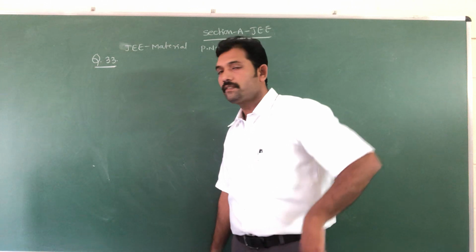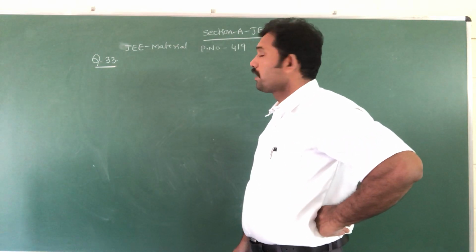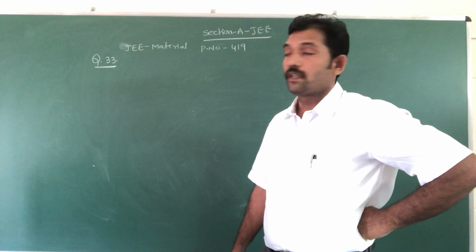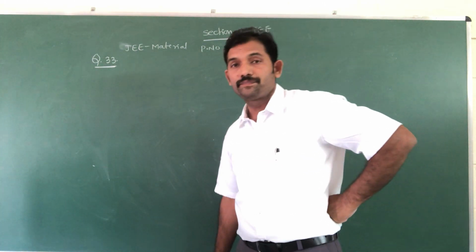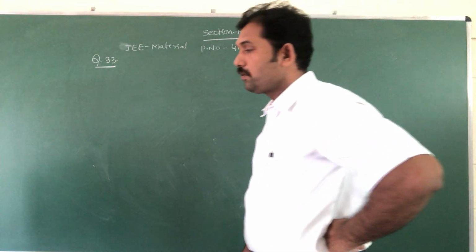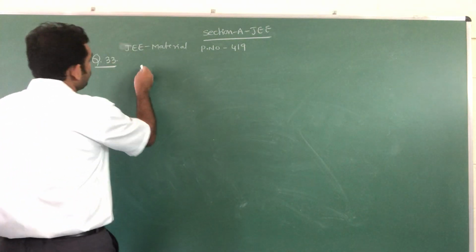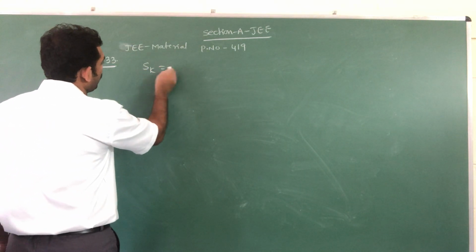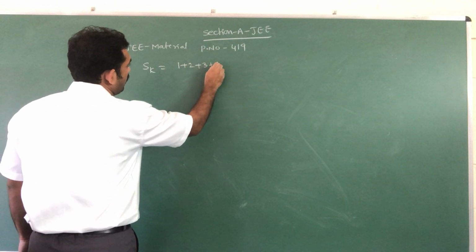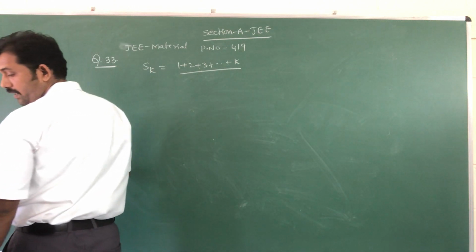So today's class on JEE material, page number 419, question number 33, chapter mathematical induction. Given Sk is equal to the sum of k terms, 1 plus 2 plus 3 and so on up to k, divided by k.